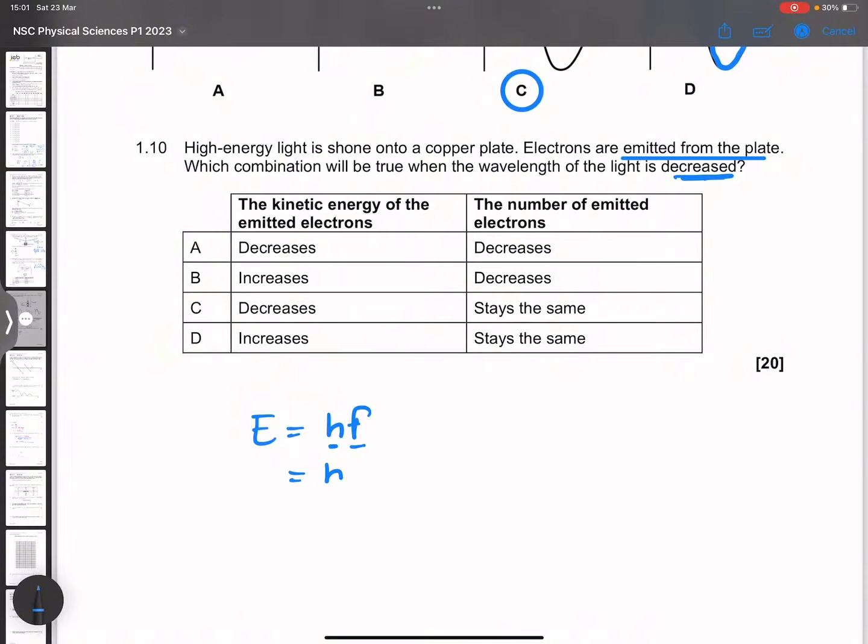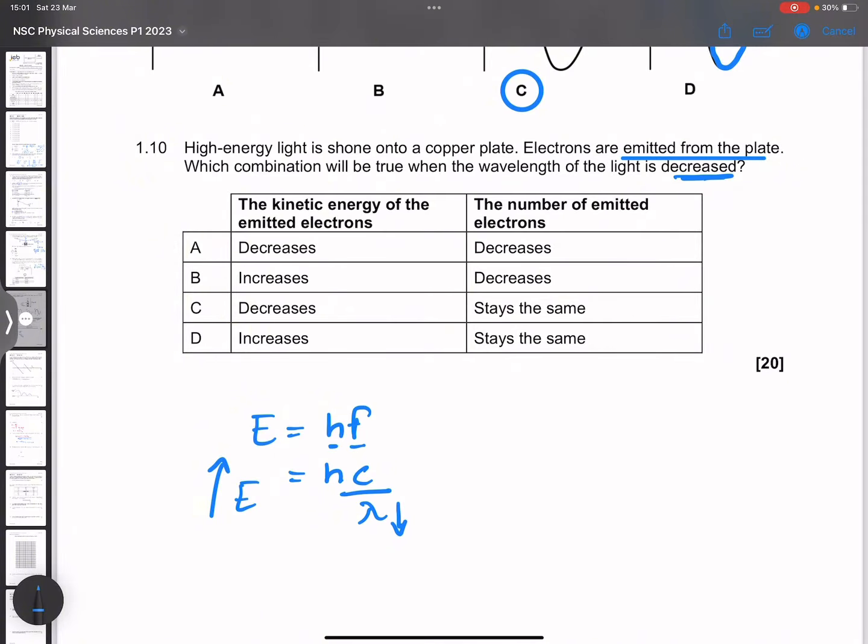But we can write it this way, hc over lambda. So we are decreasing the wavelength, right? So the smaller the wavelength, what happens to the energy of the photon? It will increase the energy of the photon, right?